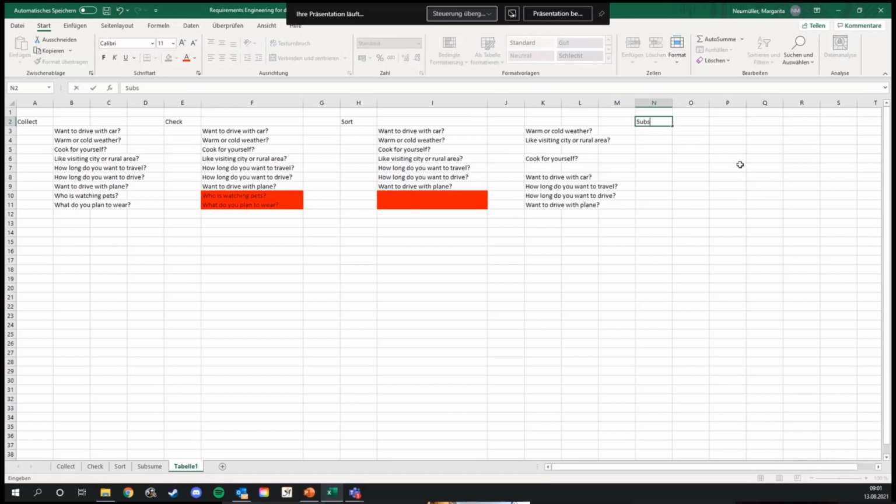And in the last step, we subsume or summarize these groups, because we don't want to ask just a lot of questions, and we try to give open questions and not closed questions like warm or cold weather, so we can think about a phrase that defines both together. Something like, do you have an idea where the vacation should be?